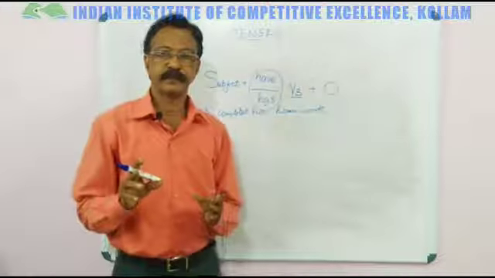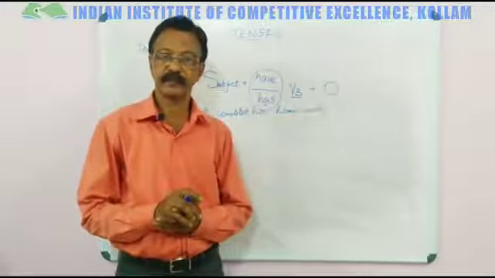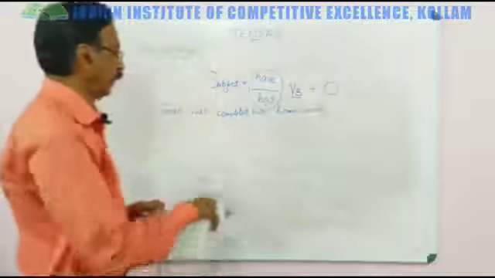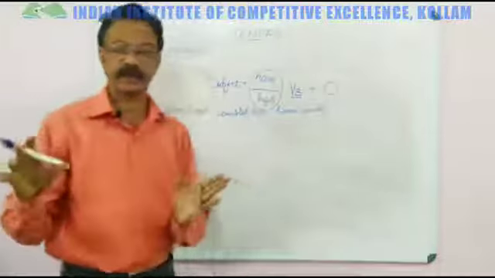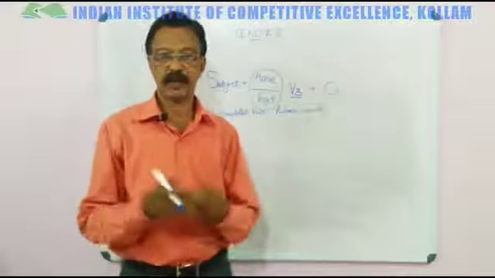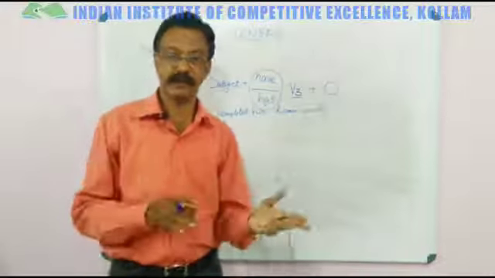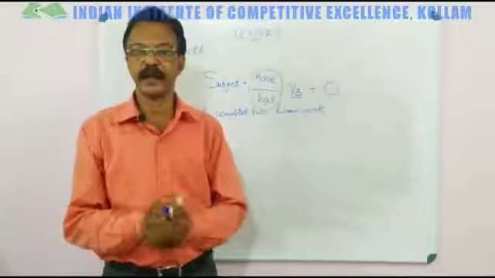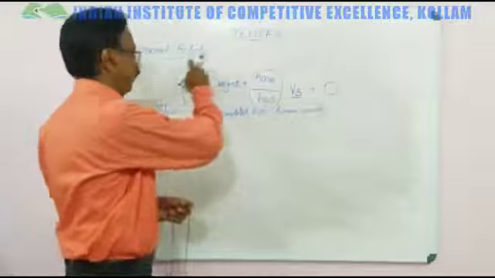Here, one main thing to note is that there should not be an indication of the past. What are the indications of the past? Last week, last month, last year, yesterday, day before yesterday, like that. There should not be an indication of the past when you use present perfect.